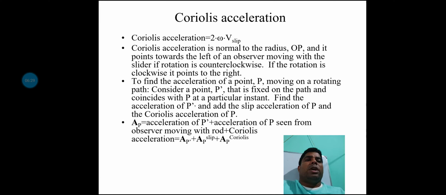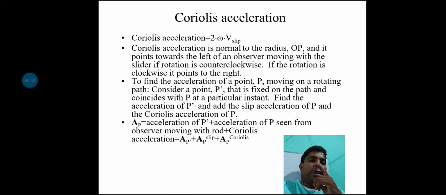Now, to find the acceleration of a point P moving on a rotating path, consider a point P dash that is fixed on the path and coincides with P at a particular instant.